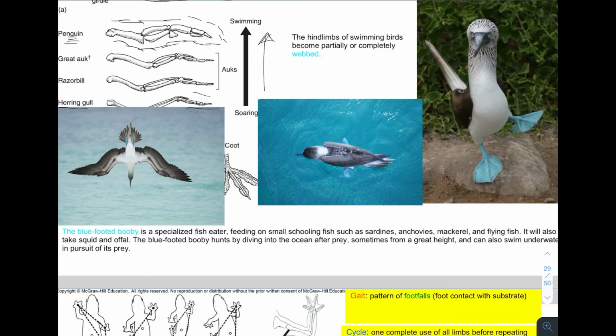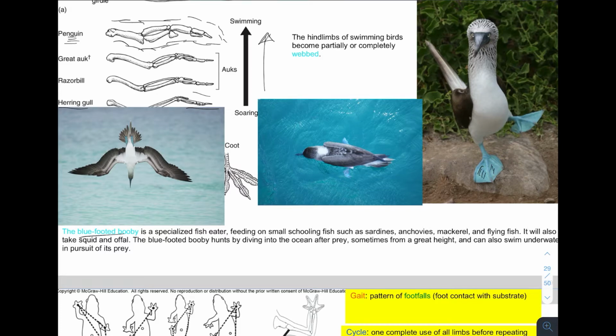Now, with the pes, what we're looking at is the webbing that we see on a lot of birds that can swim pretty well. So this is a blue-footed booby, one of the funnier birds that I think are interesting. And this bird, if you want to look at some YouTube videos of it, they are rather entertaining just to watch.